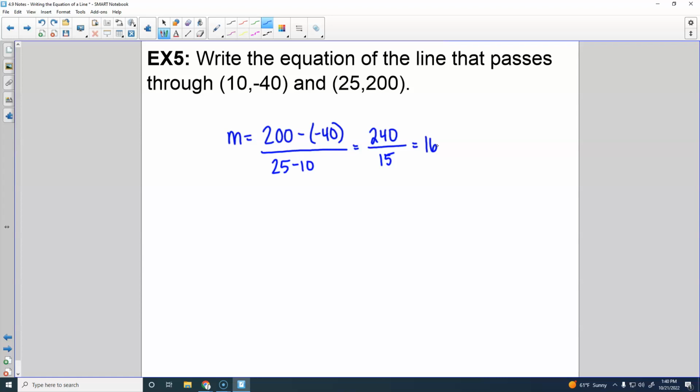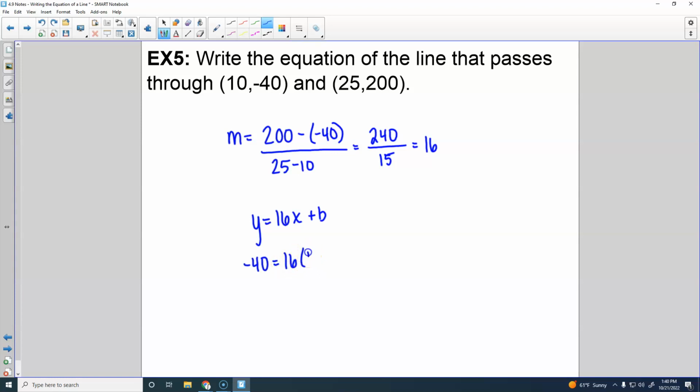All right, Kaylee, which point do you want to use? 10, negative 40, or 25, 200? All right, so we're going to have y equals 16x plus b, and we need to plug 10, negative 40 in. Tell me what that's going to look like once we do that. Okay.